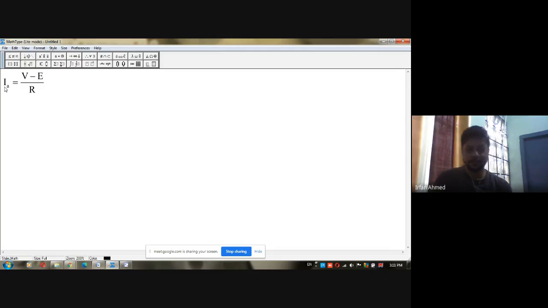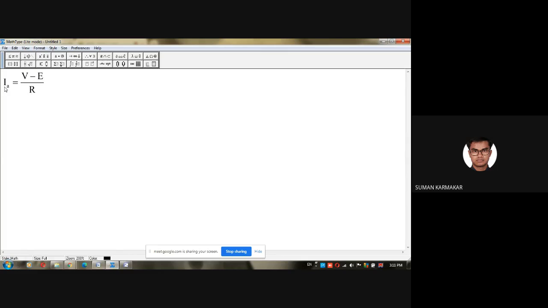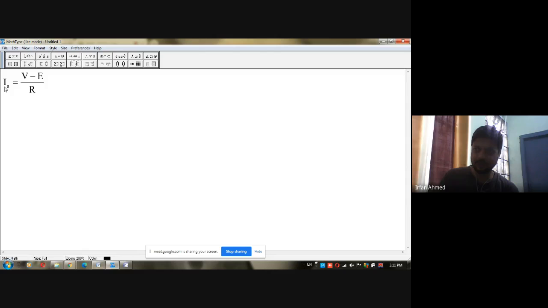Yes or no? Sir, if we rotate the motor in opposite direction to the load torque.